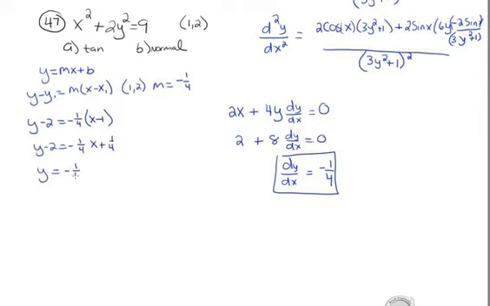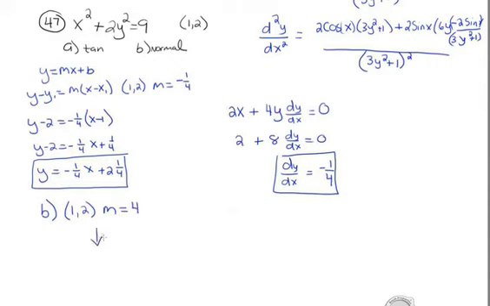So negative 1/4 x, add the 2, gives me 2 1/4. So there's part A. Part B I'm not going to do, but I'm still going to use the point 1, 2. And now, since I'm doing normal, the definition is perpendicular to the tangent line, so now I'm going to use a slope of 4. And again, I'll let you do that problem.